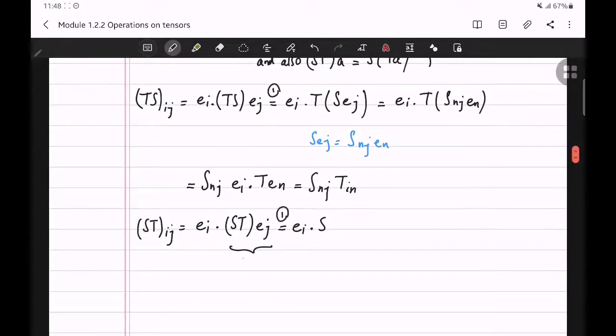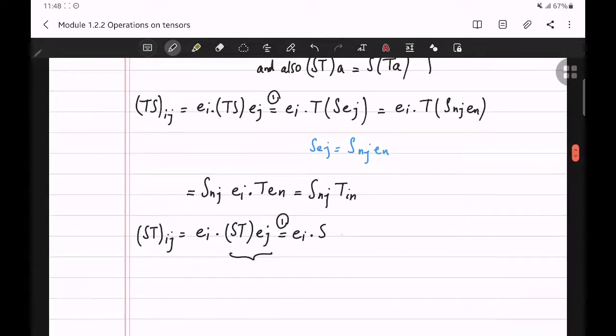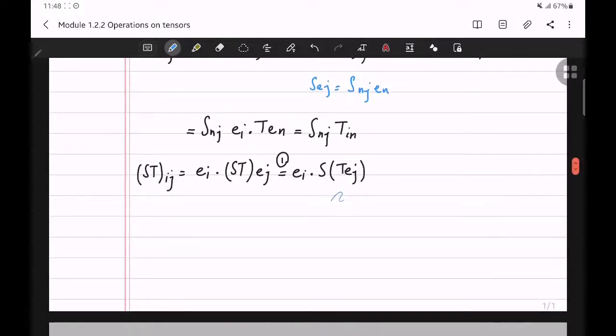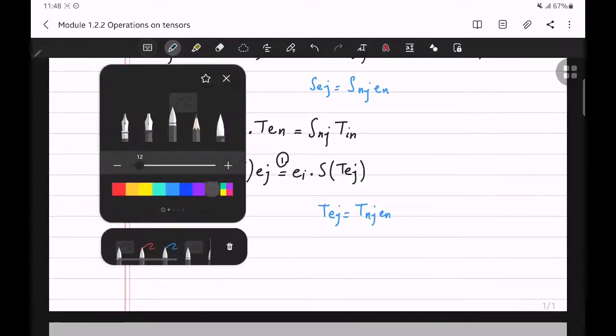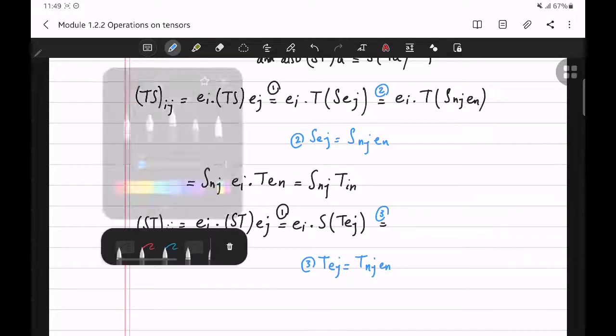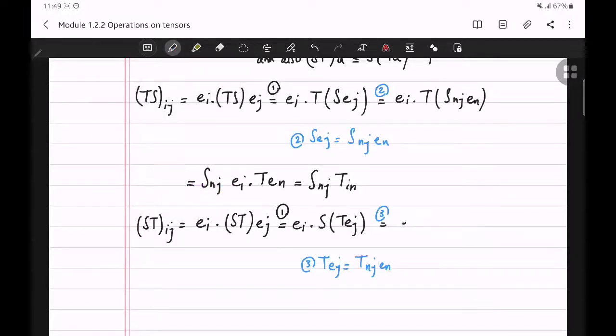You can move the parentheses to T ej, and T ej is nothing but Tnj en.